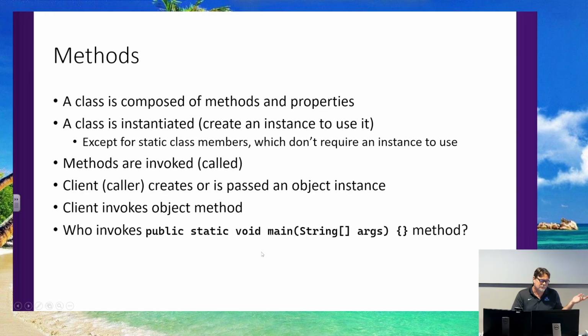Yeah, so then back to our main function, who invokes that? We've written the hello world, maybe you've done some other stuff, but we've never written anything that calls the main function, right? That's true. However, the way that the Java virtual machine was written, when you say java and your project, that java.exe program opens up that, what do we call it?